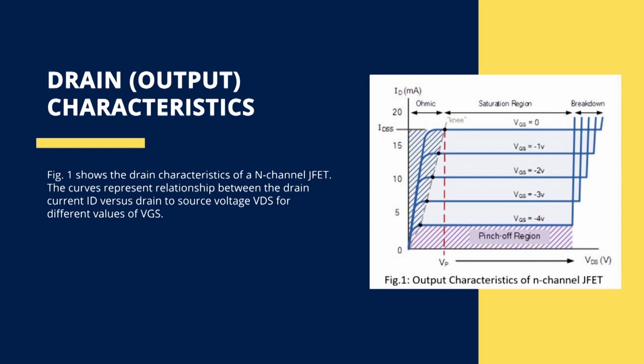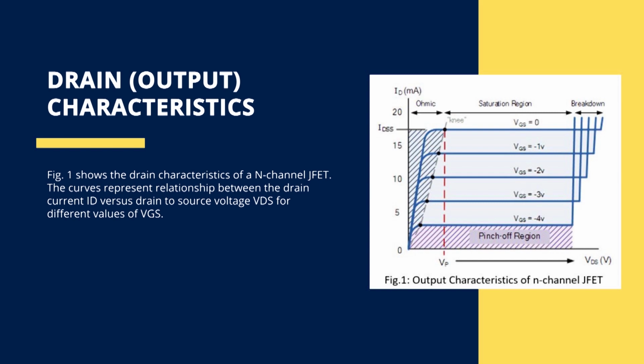As I have told you, in all the characteristics ID will be on the y axis. This is our output current and we are discussing the output characteristics. So, our output current will be on the y axis and our output voltage will be on the x axis.